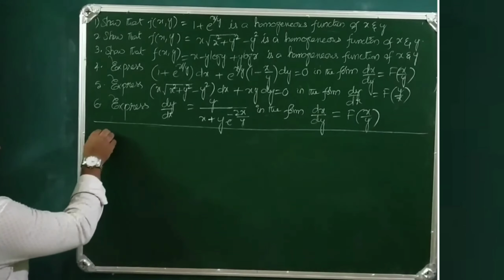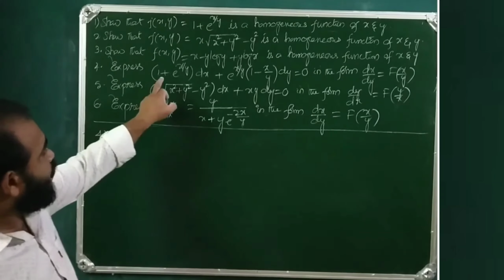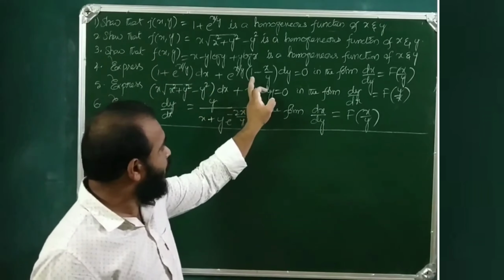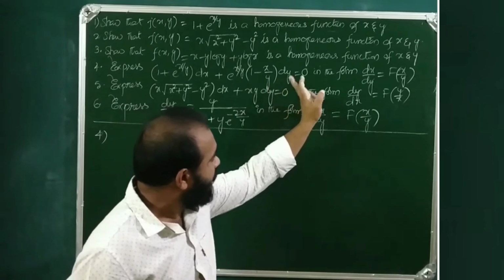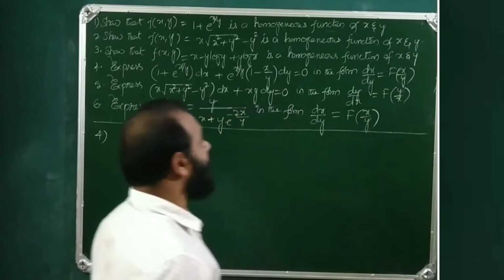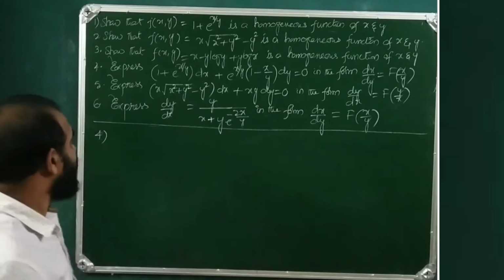So the fourth question is, express 1 plus e power x by y dx plus e power x by y into 1 minus x by y dy equals to 0 in the form of dx by dy equals to f of x by y.